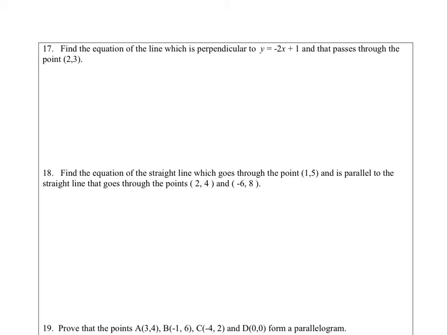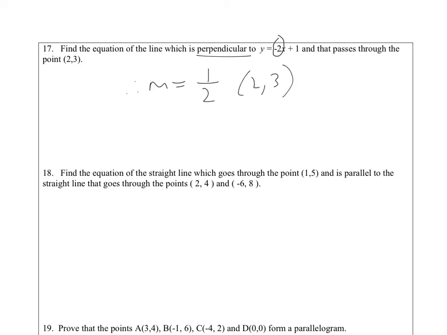Find the equation of a line which is perpendicular and passes through the point. Okay, so we know the gradient of this line is negative 2, so we need to get the perpendicular line. So therefore the gradient that we need will be the negative reciprocal, so positive 2 over 1 becomes 1 over 2. And the point 2, 3.